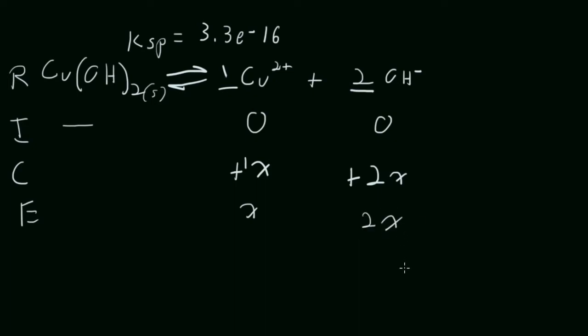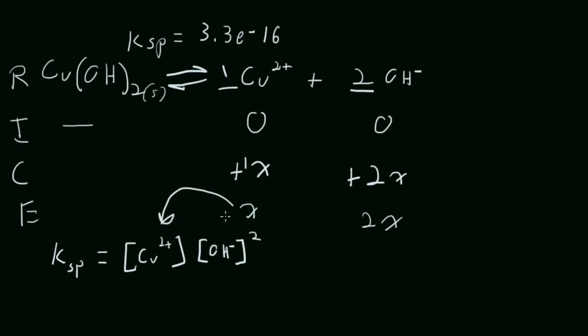Fantastic. Now let's see how that relates to our KSP. Our KSP, equilibrium of our solubility reaction, will be the concentration of Cu2+ times the concentration of OH-, but that OH- would be squared. Now, I take this x, I put it in here, I take this 2x, I put it in here.